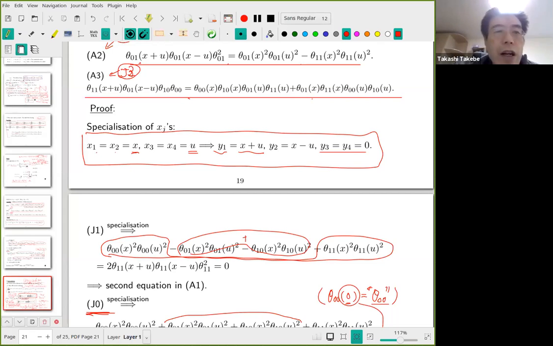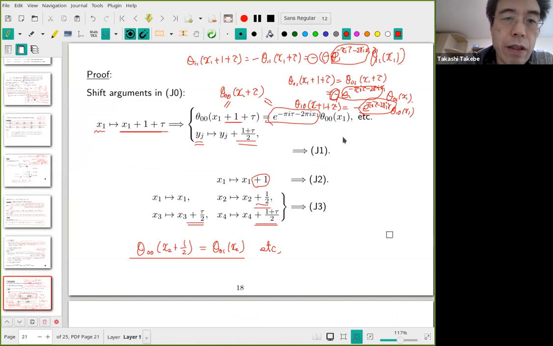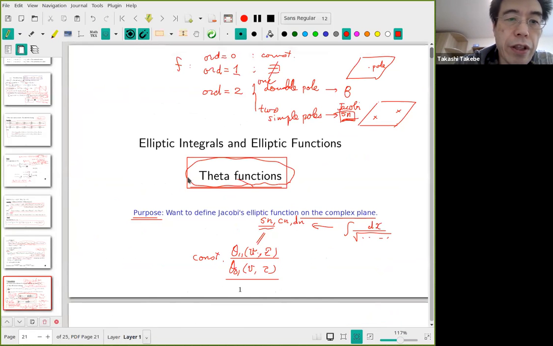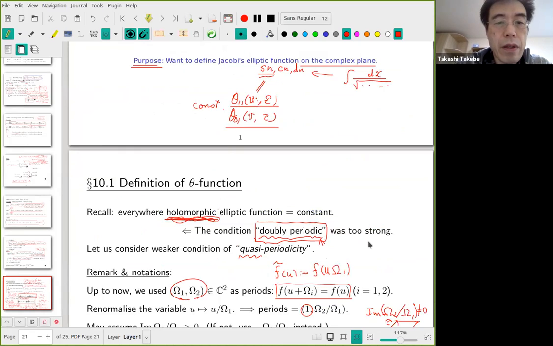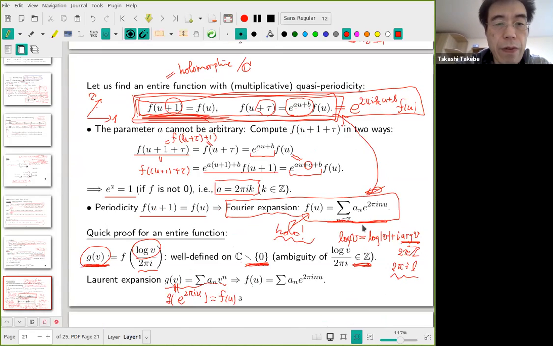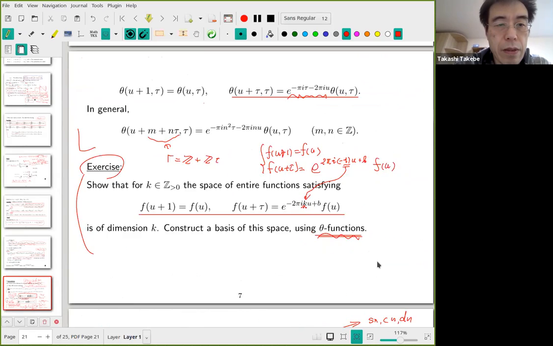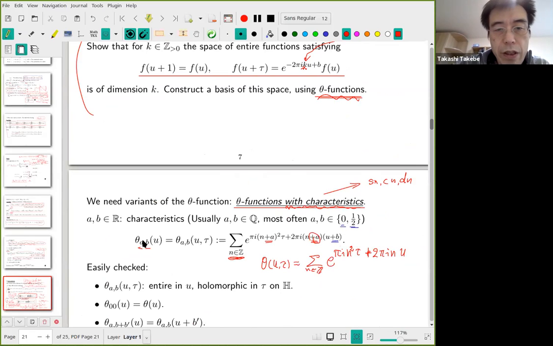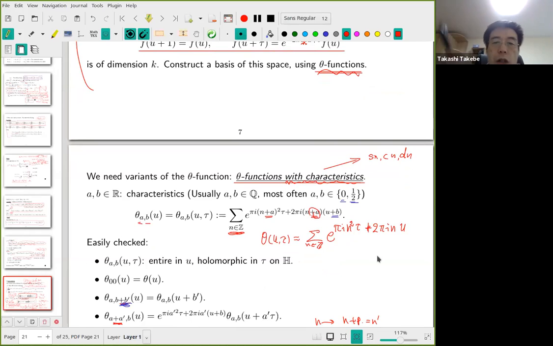Well, first, let's recall what we did last time. Last time, as before, we were studying theta functions, which is defined by a series like this. Well, this is already generalized theta functions with characteristics, which we will use to construct Jacobi elliptic functions.